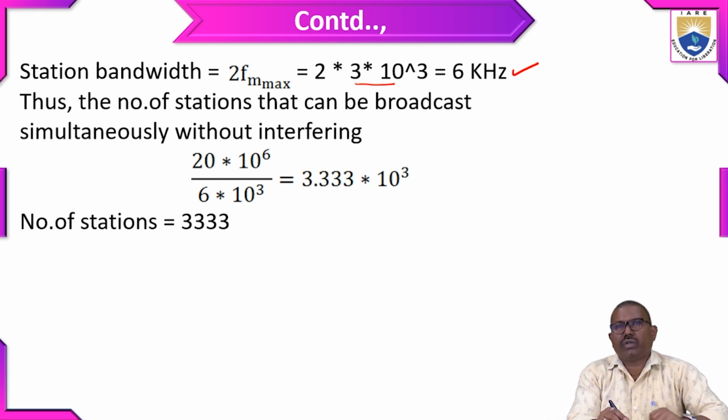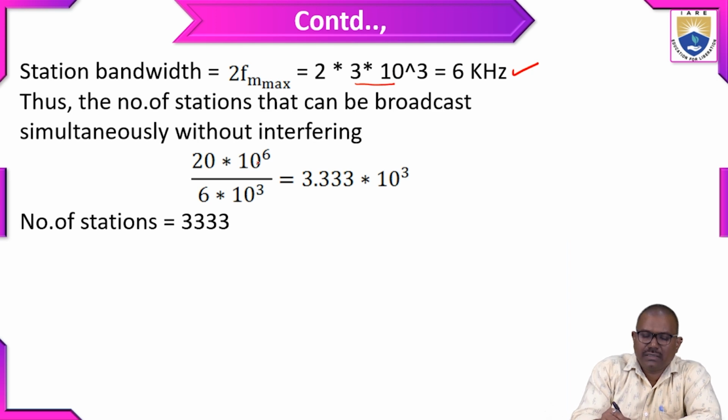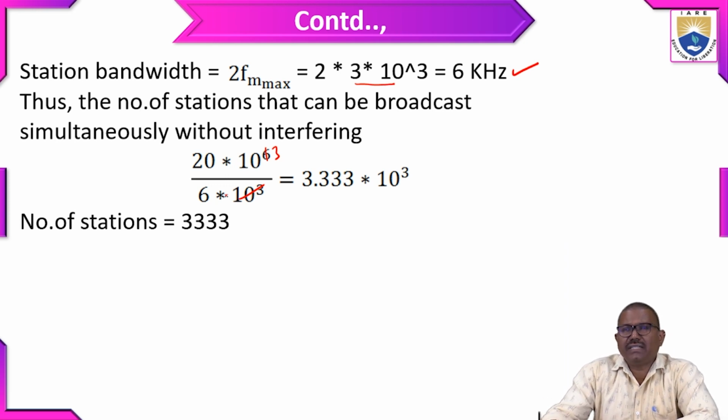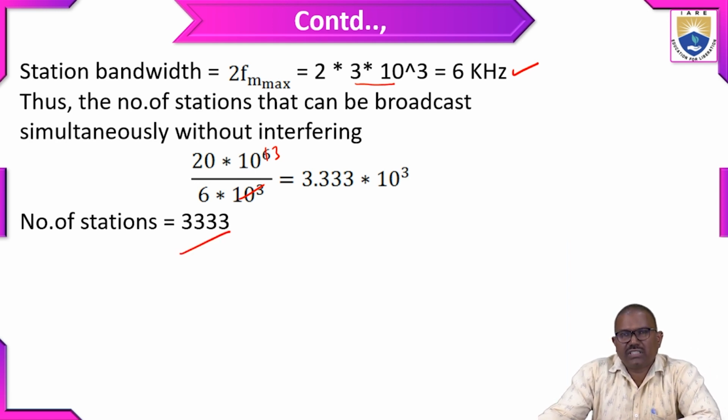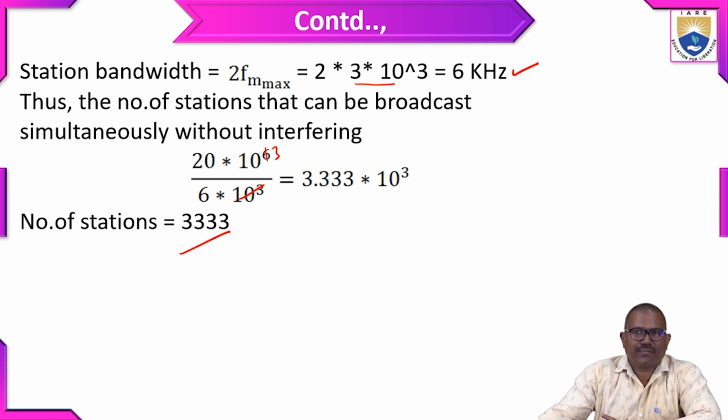By solving this, 20 mega divided by 6 kilo, 20 divided by 6 you get 3.333 into 10 cube. So totally the station count is 3333. So 3,333 stations can simultaneously broadcast without interfering. Okay, so this is another type of problem in AM.